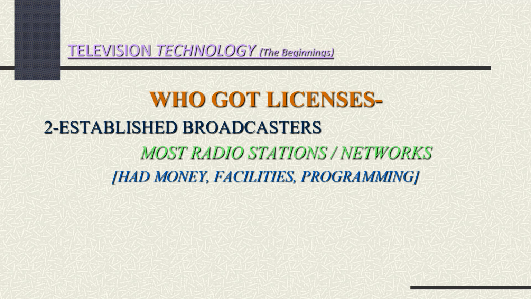So they already had the facilities that could be expanded to include television. They already had the networks that would allow for sending programming out to various parts of the country, and they already had the basis for programming that would be on the networks that sent out their signals to other parts of the country.